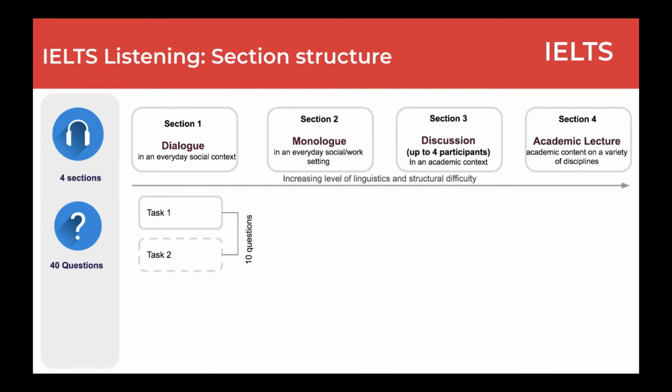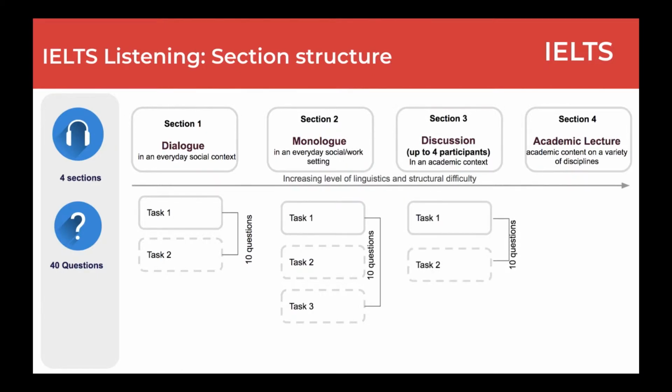So there could be from 1 task to 3 tasks. It varies from test to test, but usually based on the first task you can predict whether there will be the second and the third task as well.